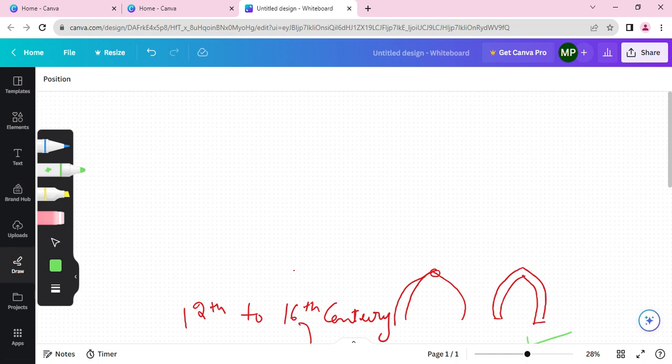I'll show you an image of flying buttresses. Suppose this is the exterior wall of a church.